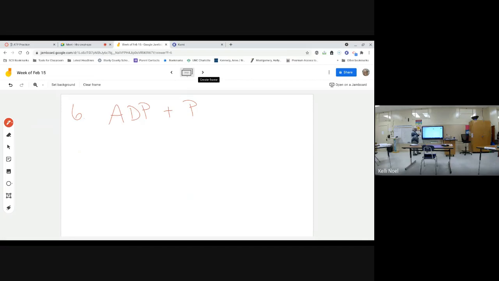Number 7, where does the energy come from to attach that third phosphate, to make these join? Where does that energy come from? Just in us. It may have been in the picture in the notes, in that little star. It comes from what? How do we get energy? Food. Carbs.